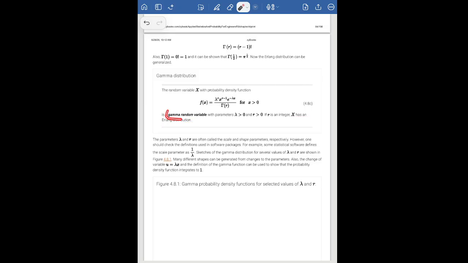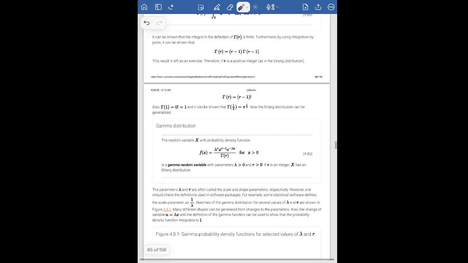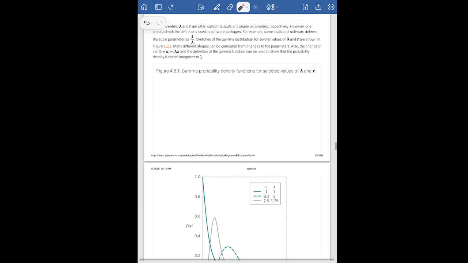So really you're looking at the gamma distribution as the main character for this story. When r is an integer, you get the Erlang distribution. And then if r is equal to 1, you get the exponential distribution from earlier.